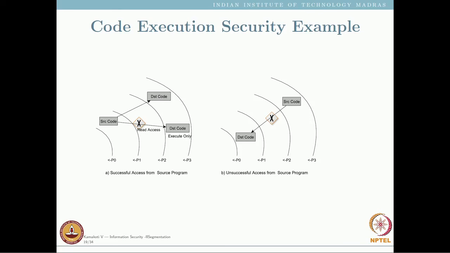A source code at privilege 0 can jump to a destination code at privilege 3, but cannot read a destination code segment at privilege 3 if it is an execute only segment. Similarly, a source code at privilege 3 cannot jump to a destination code at a lesser privilege.